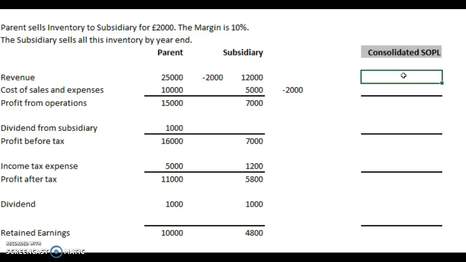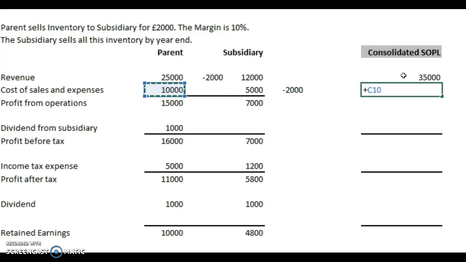We have exactly the same process as previously. We just add across all these numbers. So we've got the parent amount. We need to add in the reduction on the revenue, which was 2,000, and we need to add in the subsidiary revenue. So that now gives us 35,000, whereas previously it gave us 37. Same here.